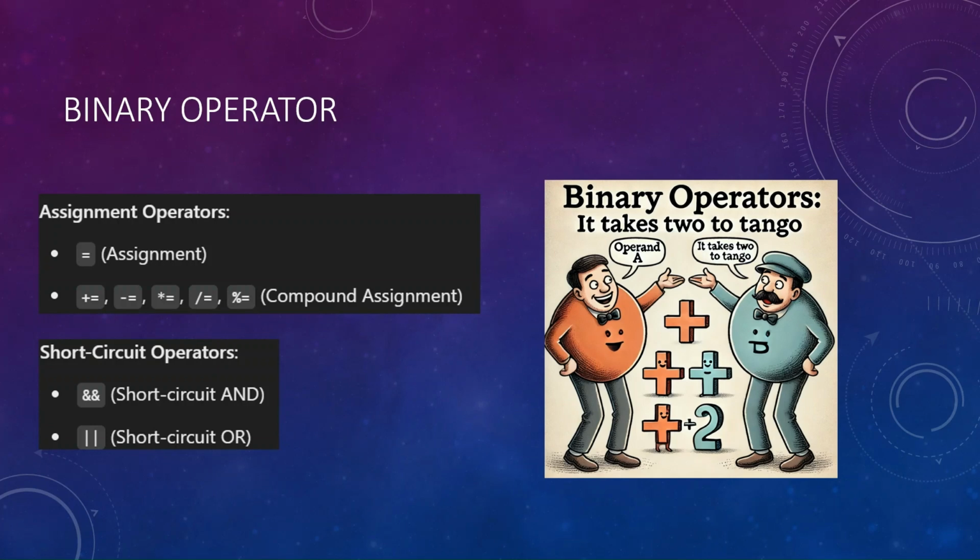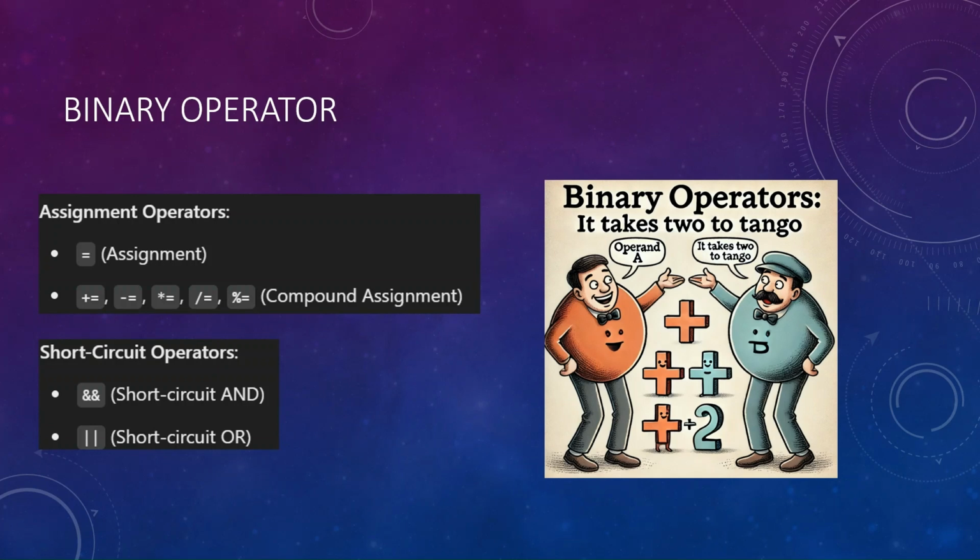In the case of short circuit OR, if the first operand is true, the second operand is skipped because the result is already true. This behavior is called short circuiting because it avoids unnecessary evaluation, making your code more efficient.